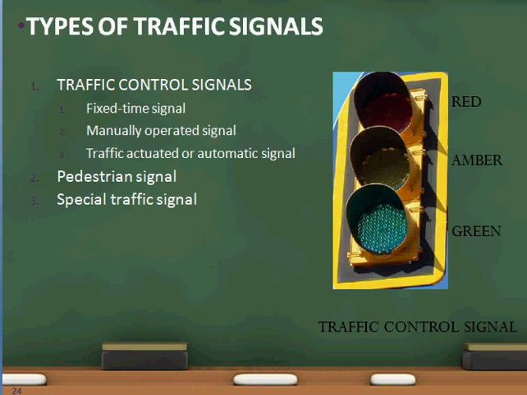Then traffic actuated or automatic signal means that based on the traffic volume, the signal will vary. If an intersection has four legs and from one leg more vehicles are coming and the queue is more, there will be sensors placed at the signal, and as the queue length increases, green time will be given. So it is known as a traffic actuated signal.